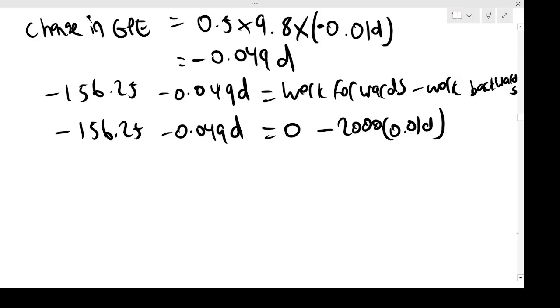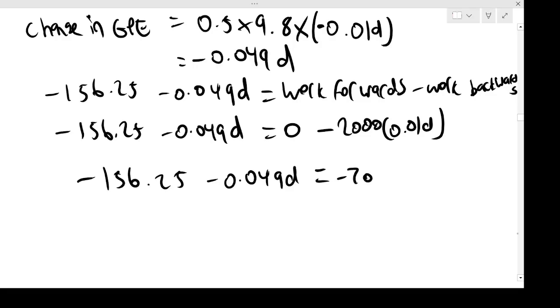So if I simplify this, now I just solve this for d. I get 19.951d has to equal 156.25.